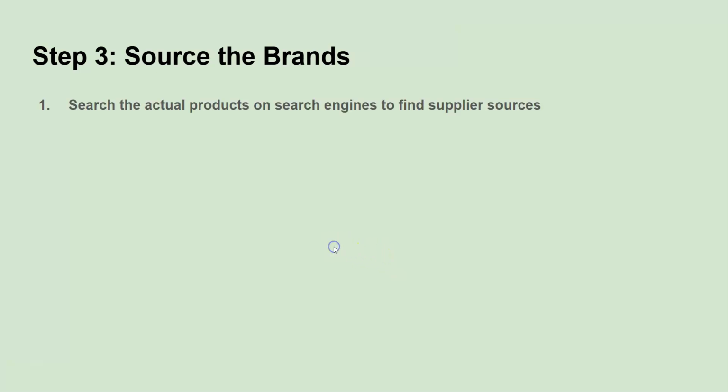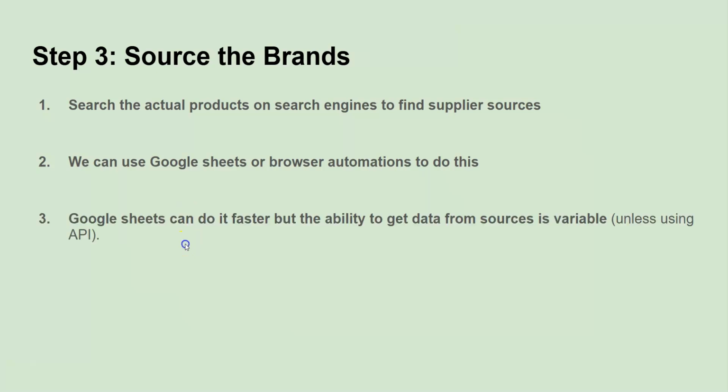That brings me to the next step, which is sourcing the products. For sourcing, we're just searching the products on search engines. That's really it. Search the actual products on search engines and find supplier sources. We can use Google Sheets or browser automations to do this, as I described before. Google Sheets can do it faster, but the ability to actually get the data from the sources is something you may not always be able to do.